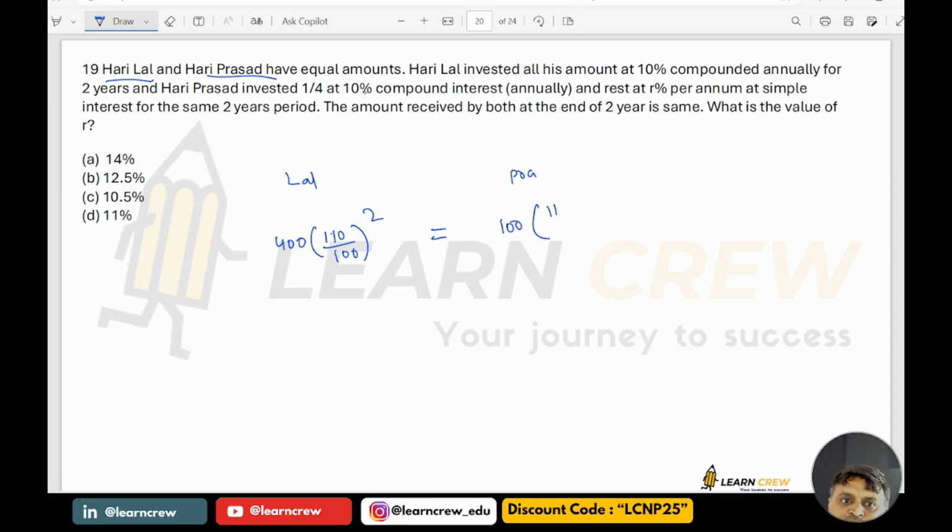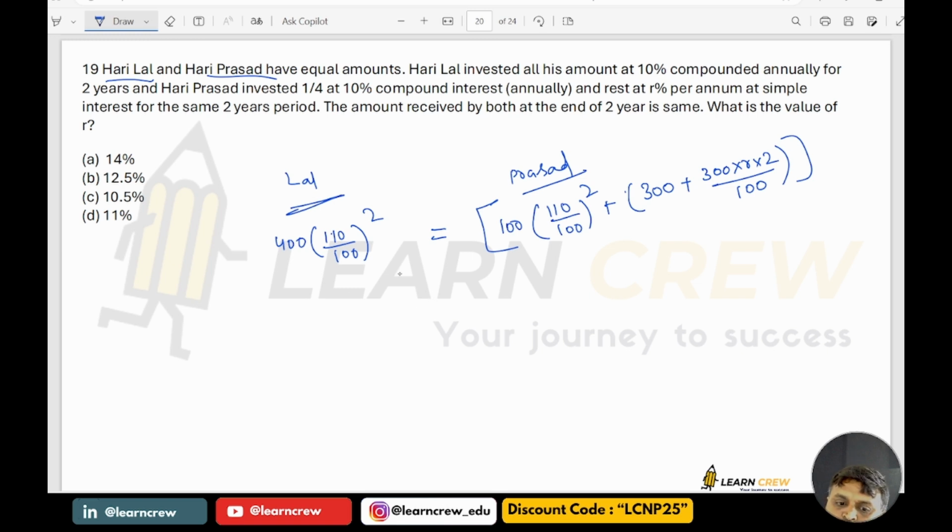Hariprasad invested 1/4 of his amount at 10% compounded annually. So 100 into 110 by 100 squared, and the remaining 300, on this 300 he is getting R percent rate for the same 2 years. This is the total amount of Prasad, and this is the total amount of Lal. These two are equal.